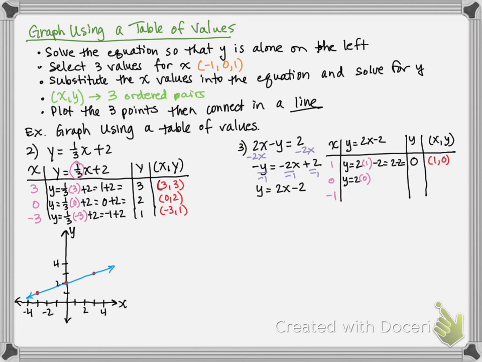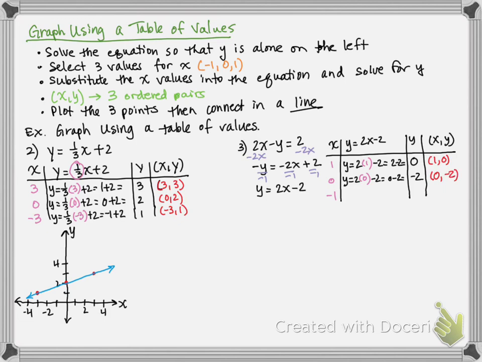And then let's see, we get 0 take away 2 equals negative 2. So our second ordered pair is going to be the Y-intercept because it starts with 0 in the X.